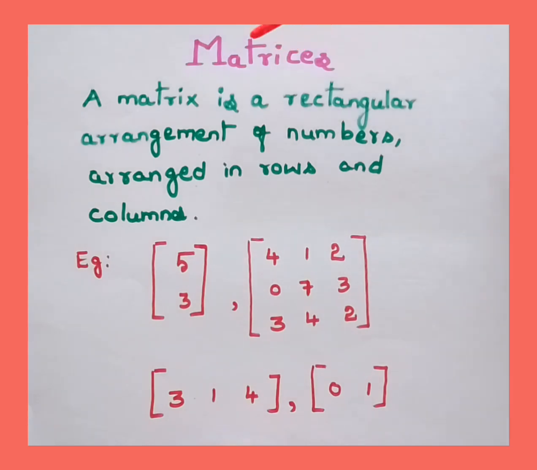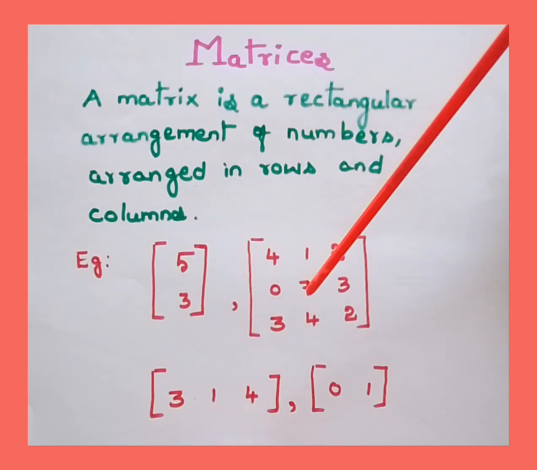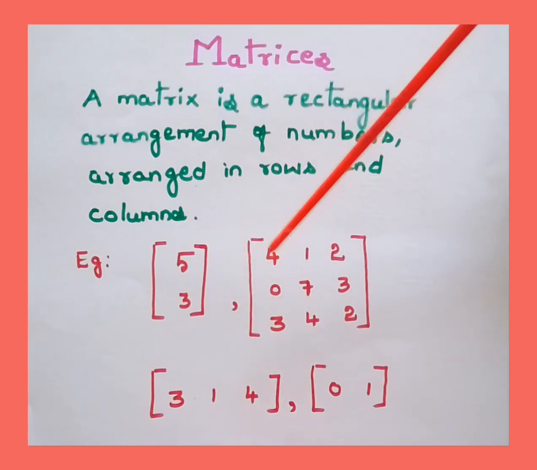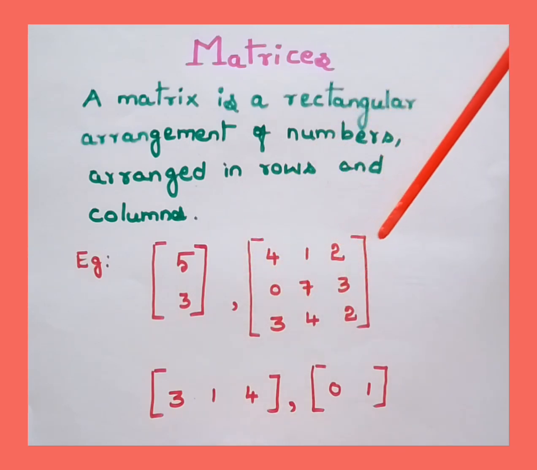Matrices is the plural form of matrix. A matrix is a rectangular arrangement of numbers arranged in rows and columns. You can observe here that the examples of matrices are given, arranged in a number of rows and columns.